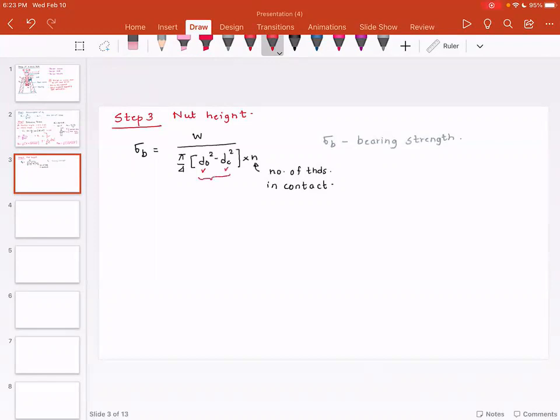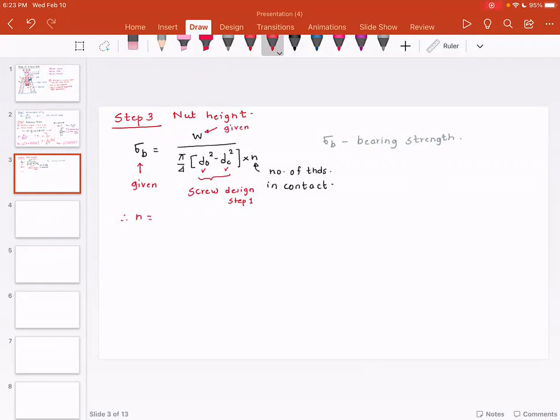They come from screw design, step 1. So these values come from step 1. This sigma B value will be given to us. Value of W is also given to us. So the only unknown in this equation is N.